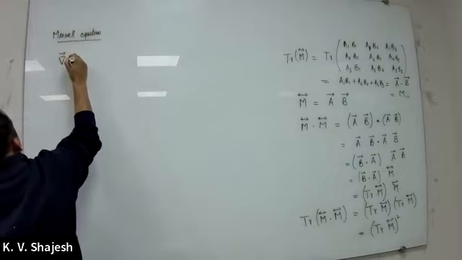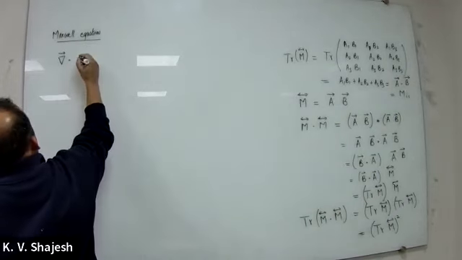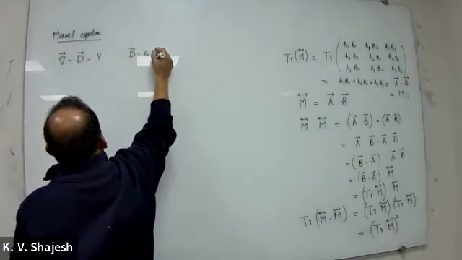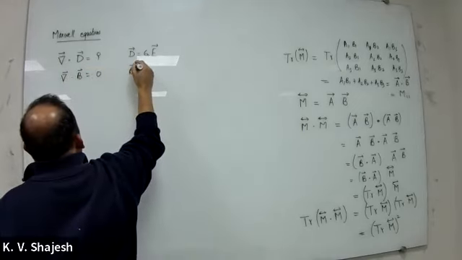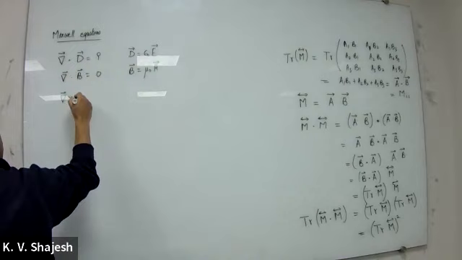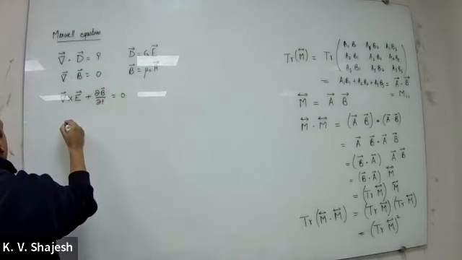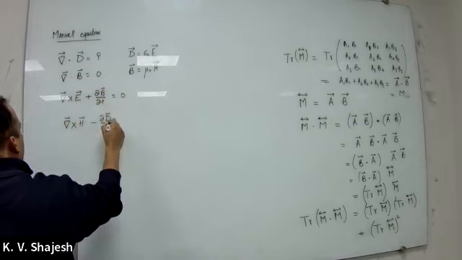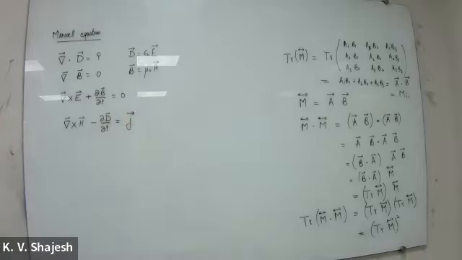Divergence of D is equal to rho, where D is equal to epsilon naught times E. Divergence of the magnetic field B is equal to 0, where B is equal to mu naught times H. And we have del cross E plus dB by dt is equal to 0, and del cross H minus dD by dt is equal to J. Right, that's here. Four Maxwell's equations.